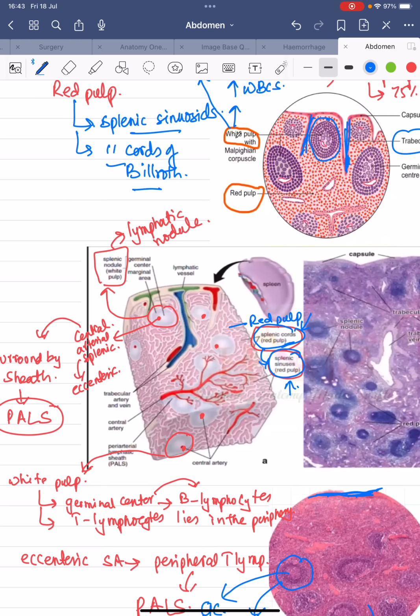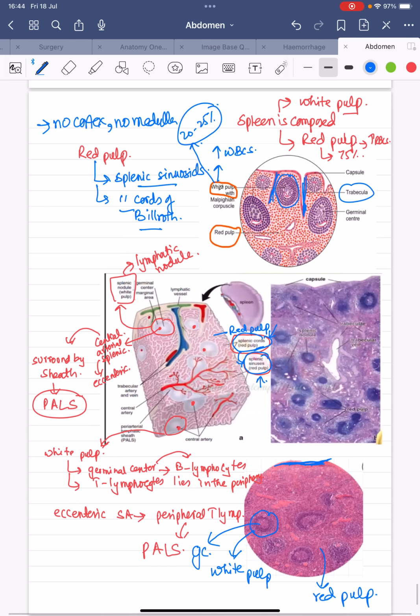Please remember: removal of old or abnormal RBCs, formation of immunoglobulin M by the plasma cells, storage of platelets, and protection from infection. All these are the functions of the spleen.